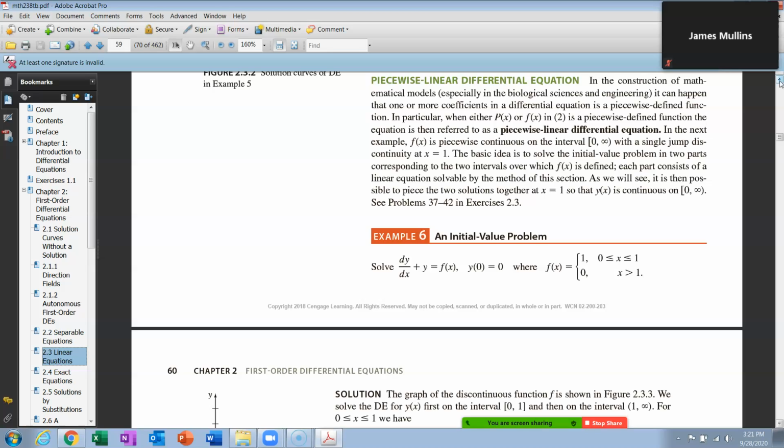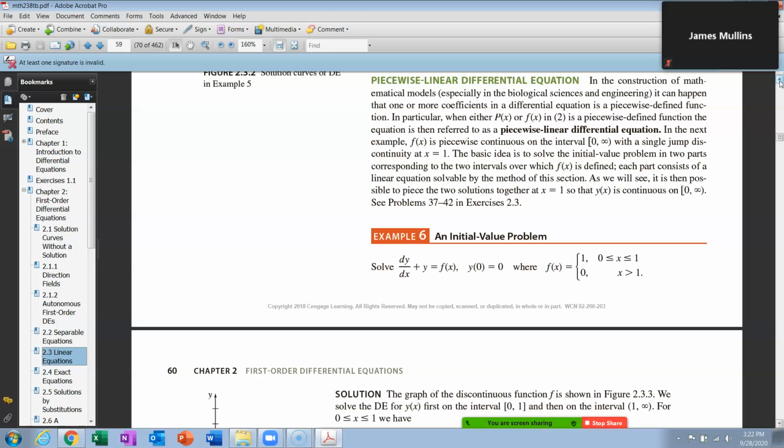When we were doing this before, we always were dealing with continuous equations. Now, piecewise differential, if the p of x or f of x is piecewise defined, it doesn't necessarily mean you have a discontinuity of the function itself.